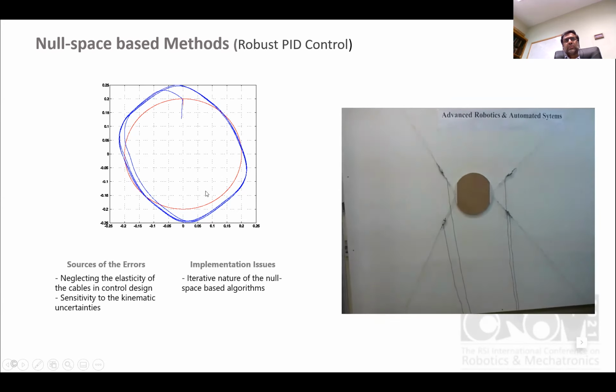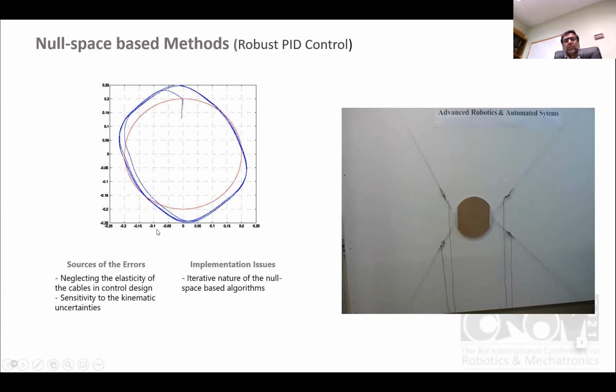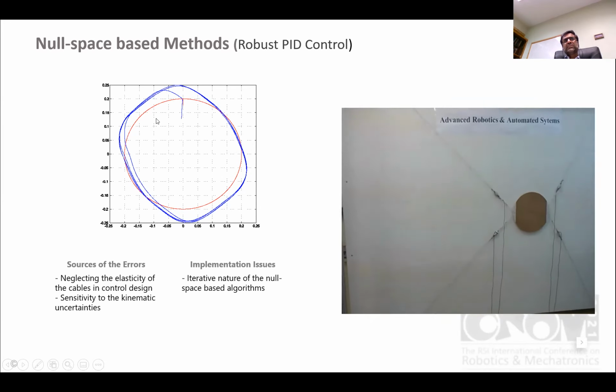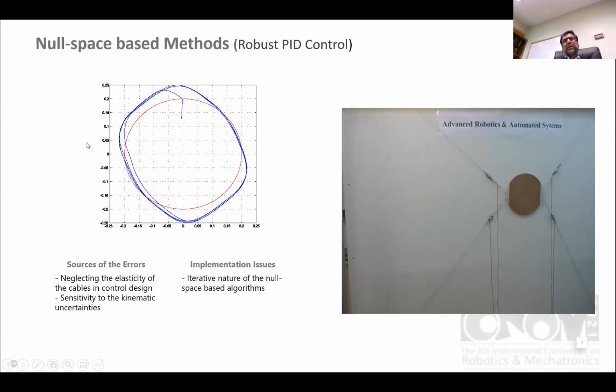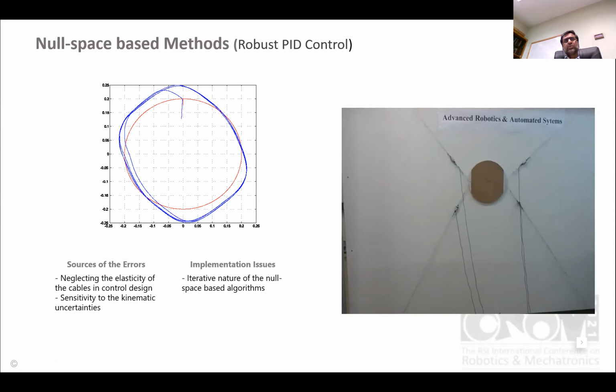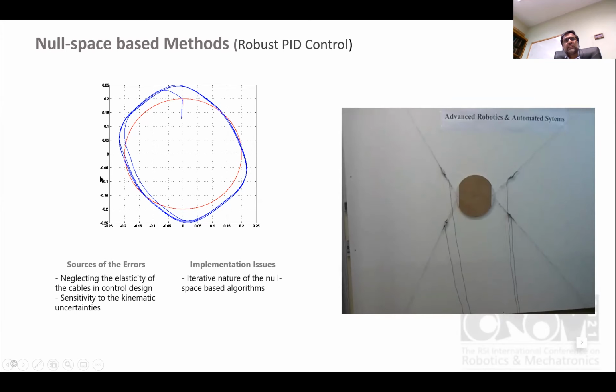And in my opinion, the source of the errors may be neglecting the elasticity of the cable in control design. And furthermore, because this algorithm is based on the null space of the Jacobian transpose, it's very sensitive to kinematic uncertainty.